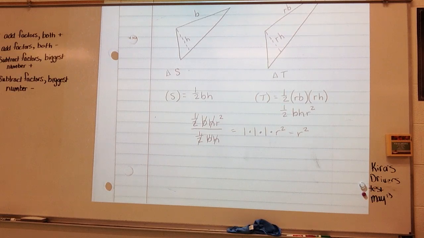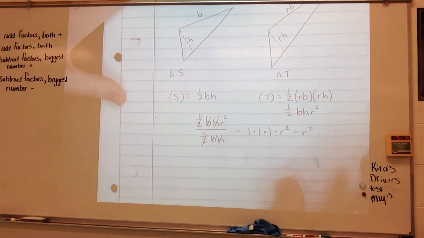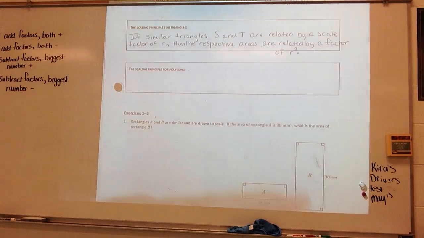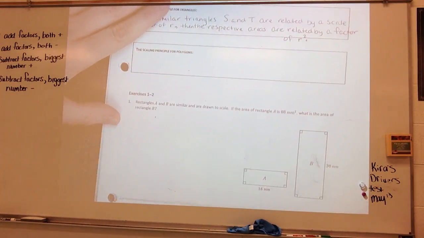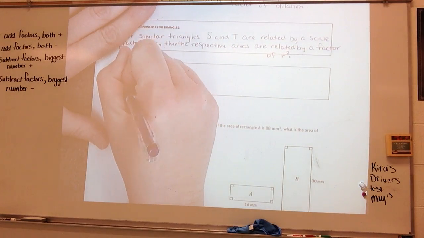Alright, so given the scaling principle for triangles, can we use that to come up with a scaling principle for any polygon? Well, we said that any polygon can be divided into non-overlapping triangles. So, we can come up with a rule for any polygon. Here's what we can say.